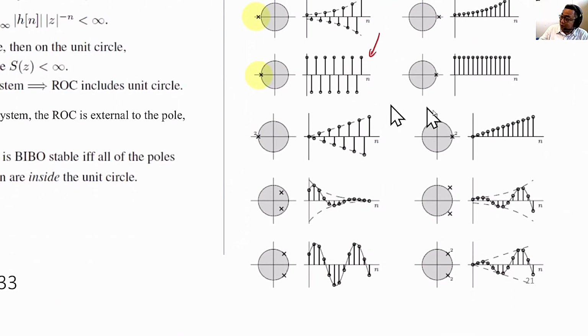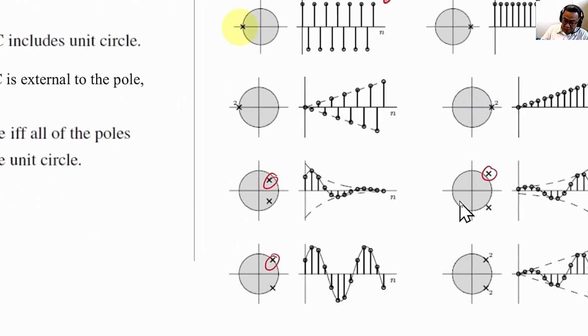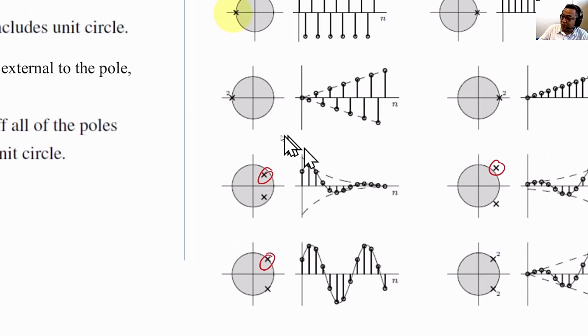Now you might be wondering about all these complex conjugate poles. You realize that when we have complex conjugate poles, a cosine or a sine will form. Depending on whether the pole is inside the unit circle or not, in this case inside, then it will decay. When it's on the unit circle, it will oscillate and will not decay or grow.